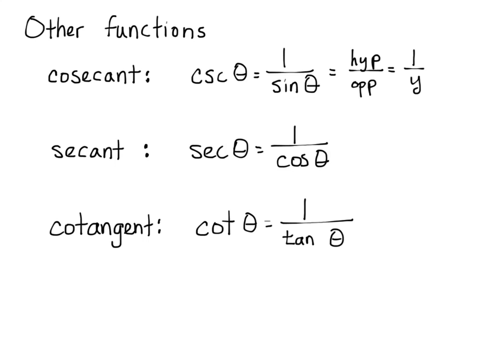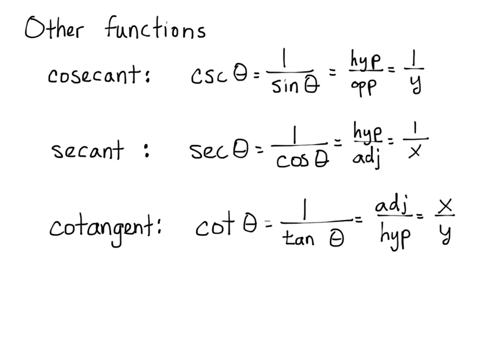So if we were to formally define these, this would be the hypotenuse over the opposite side, or in the unit circle would be 1 over y. The hypotenuse over the adjacent side, 1 over x in the unit circle. And then the tangent is the adjacent. Oh, did I mess that up? That's not adjacent over hypotenuse. Oops.